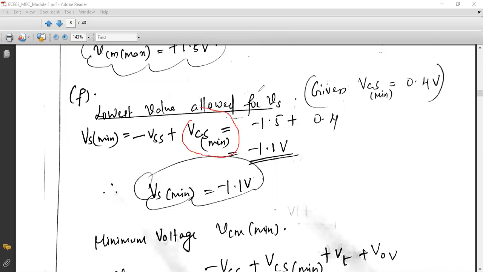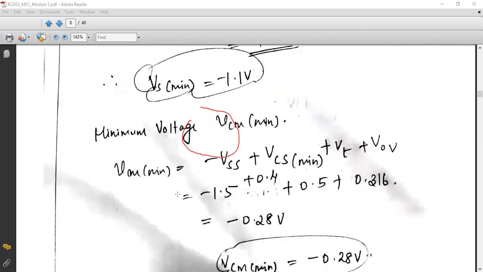Clear? Now again, take the expression and substitute. So minus 1.5 plus 0.4 plus 0.5 plus 0.316 equal to negative 0.28 volt. Any doubts?